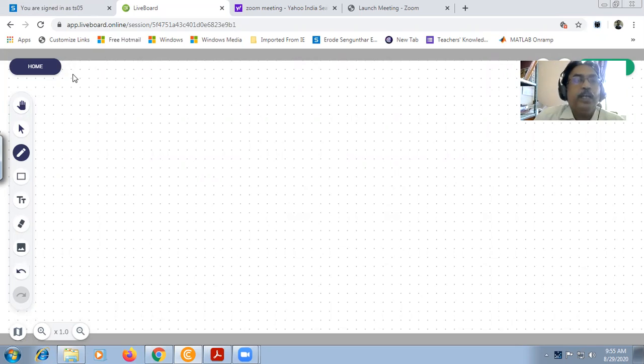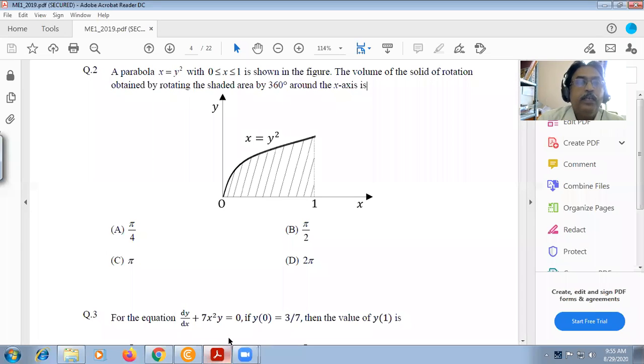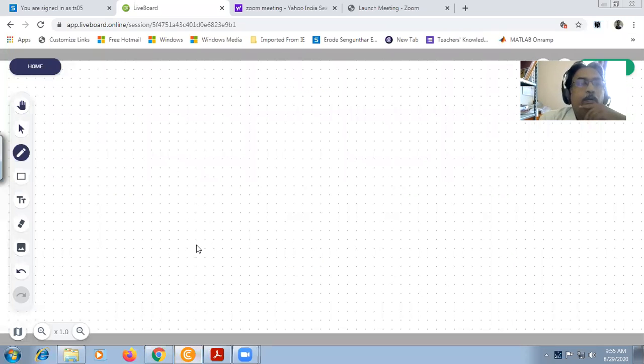Today we shall discuss this problem: a parabola x = y² with 0 ≤ x ≤ 1 is shown in the figure. Find the volume of the solid of rotation obtained by rotating the shaded area by 360 degrees around the x-axis. Okay, so this is the problem.